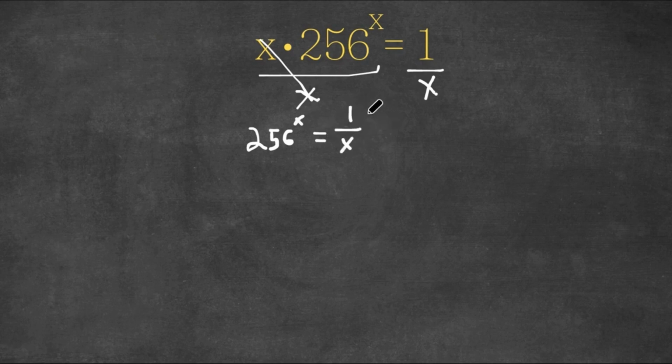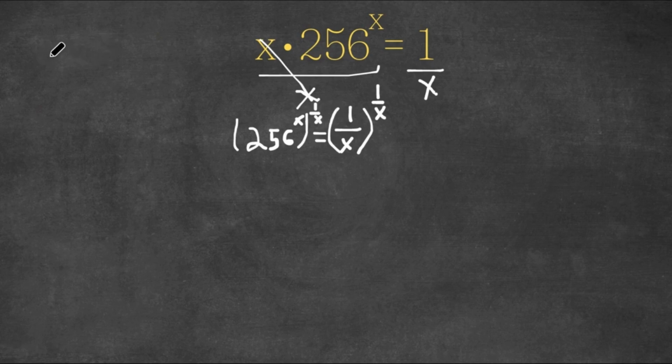Now what we're going to do is raise both sides to the power of 1 over x. So we're going to do 1 over x to the power of 1 over x, and 256 to the power of x to the power of 1 over x.